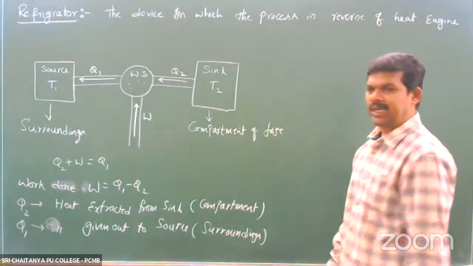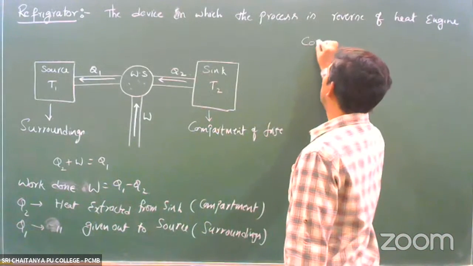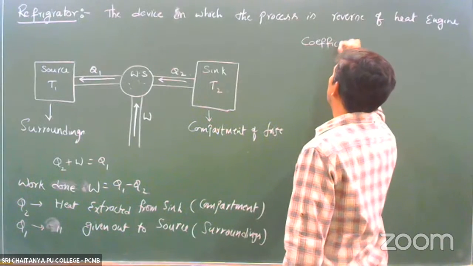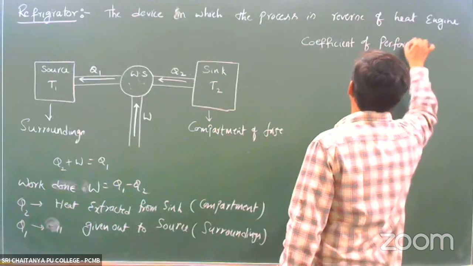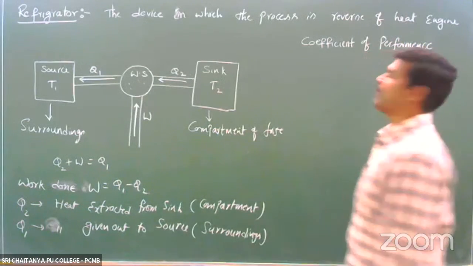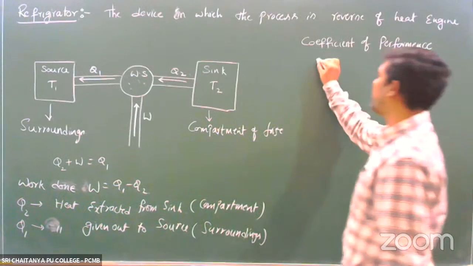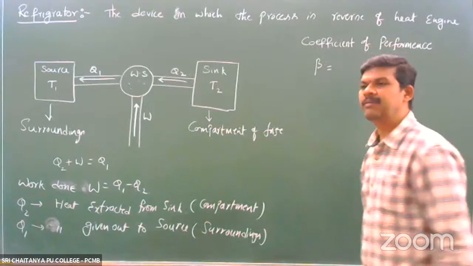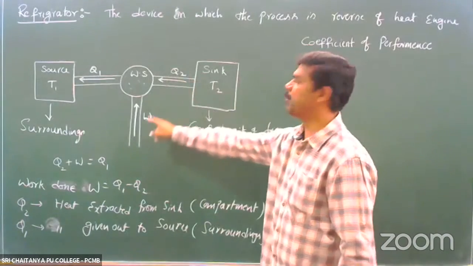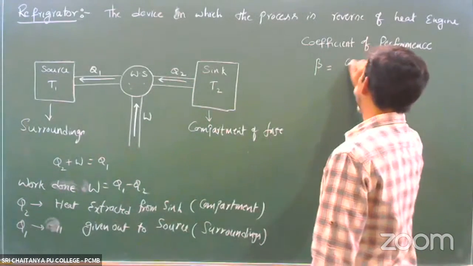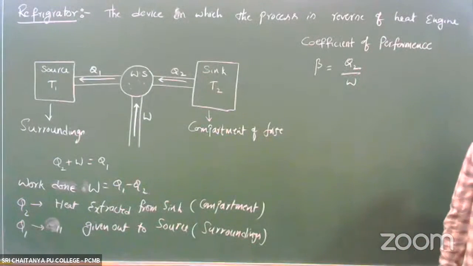Well, here in the case of a refrigerator, we calculate the coefficient of performance. Coefficient of performance is represented with beta. What is the formula? Q2 by W. This is the formula for coefficient of performance.